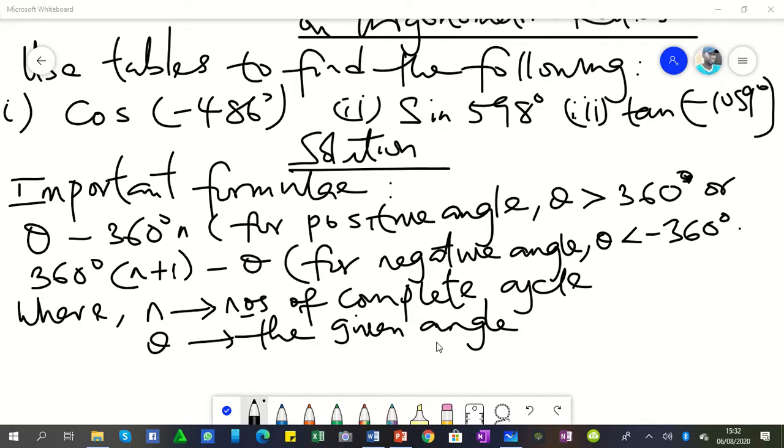So how can we apply these two formulae on the above questions?